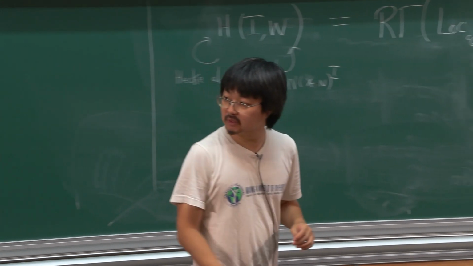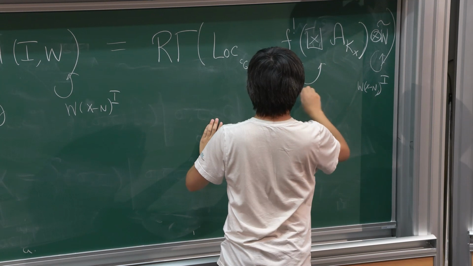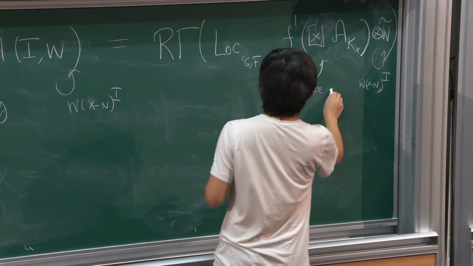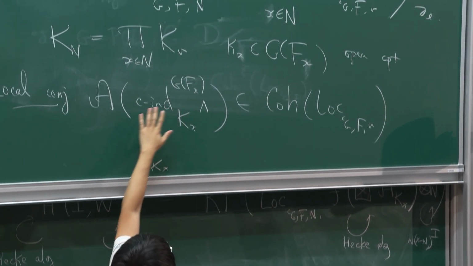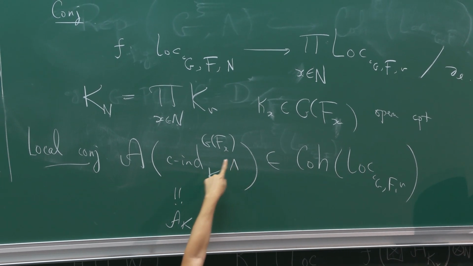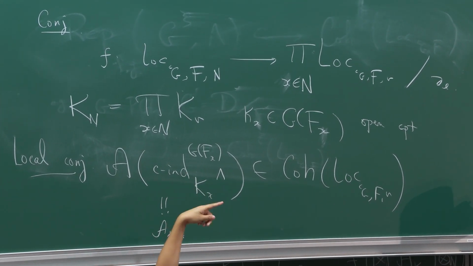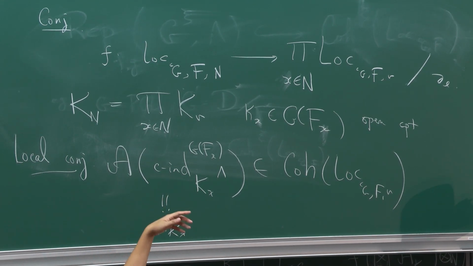You can make this more formal in terms of algebraic geometry. On the other hand, this guy will have an action of the Hecke algebra, because in the local setting, we think this is a fully faithful functor. This induced representation has endomorphism exactly the Hecke algebra. So this particular sheaf will have an action of the Hecke algebra.